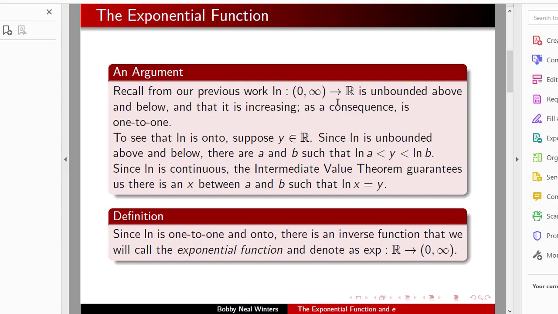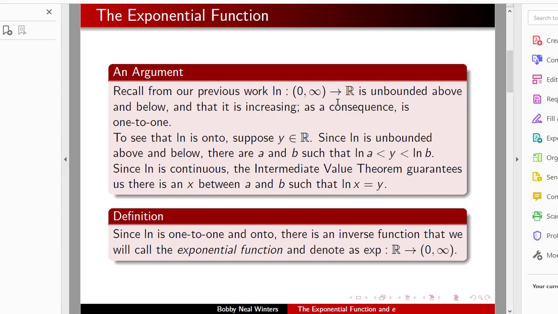Okay, so to see that the natural log goes onto the real numbers, suppose that we have a real number y. Since the natural log is unbounded above and below, there are numbers a and b such that the natural log of a is less than y and the natural log of b is greater than y.